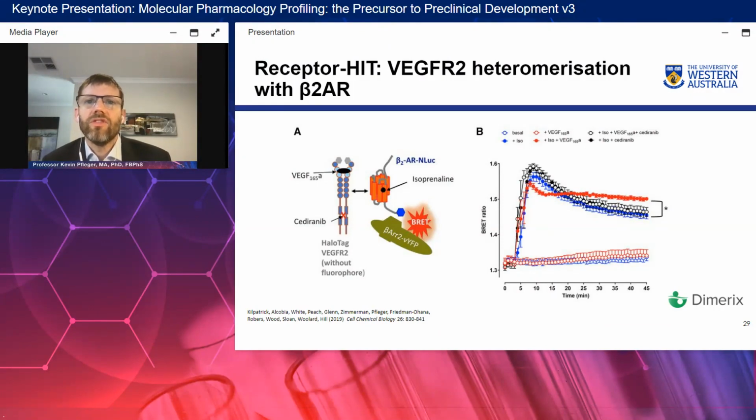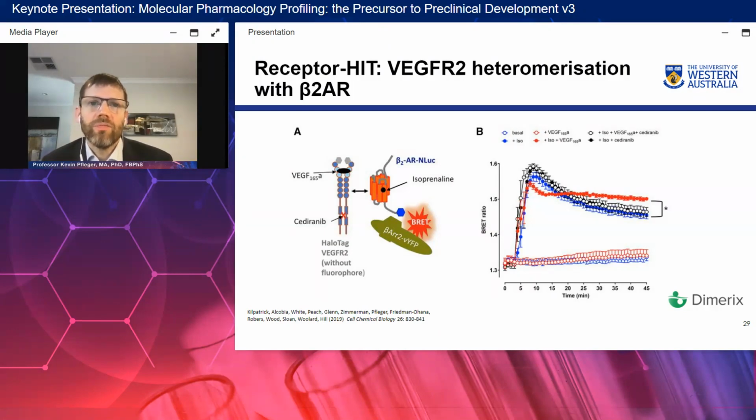This is the VEGFR2 heteromerization with the B2 receptor, and this is work from Steve Hill's lab that we collaborated on. And this is interesting because it shows you the power of kinetic profiles and why it's really important to do kinetic profiles. Again, if you were to just run these assays and look at the endpoints at about 10 minutes, they would all look very similar.